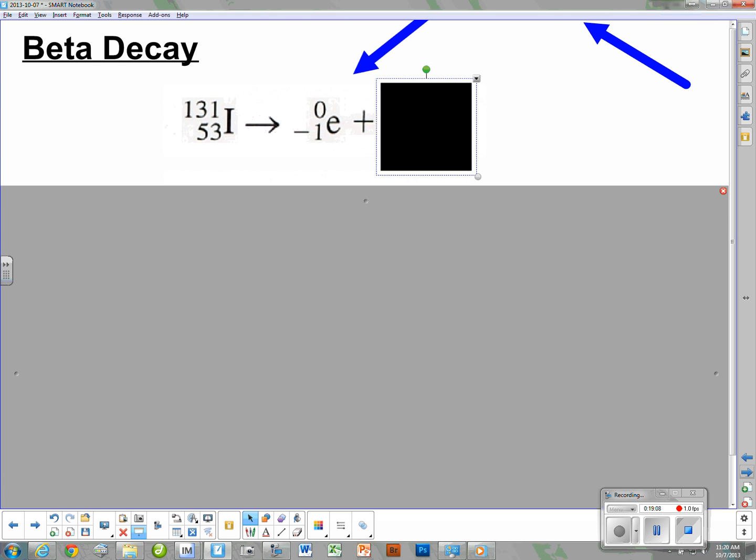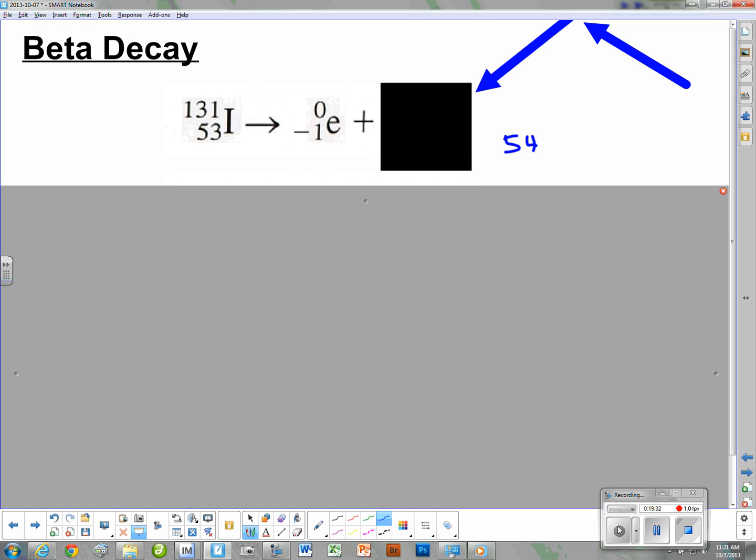Here we go. We're starting with iodine. So we've got iodine over here on the left. We've got a beta particle being given off, beta decay, right? And so we have to figure out this box. What's the number on the bottom have to be? We got 53 is equal to minus 1 and what? 54.